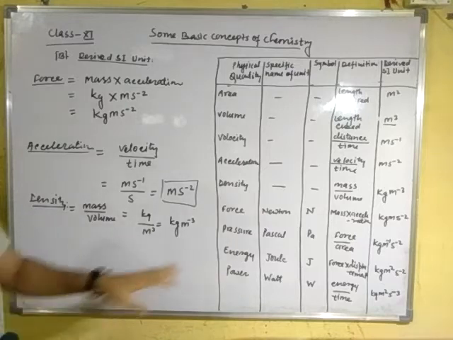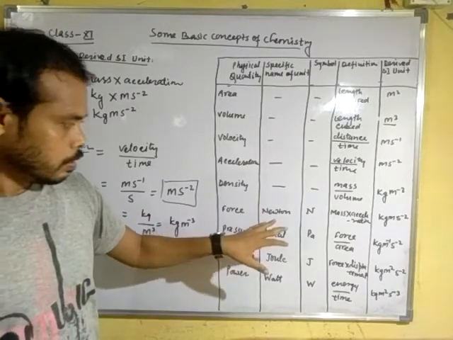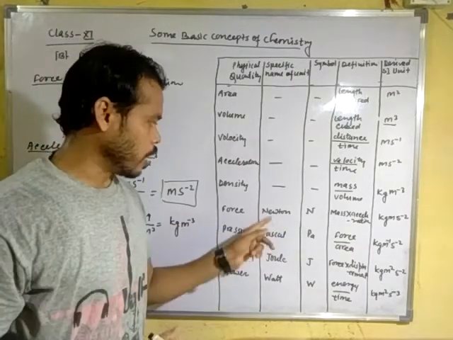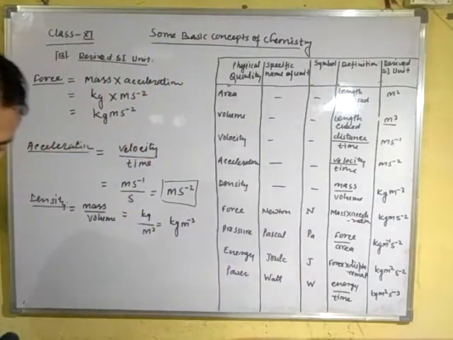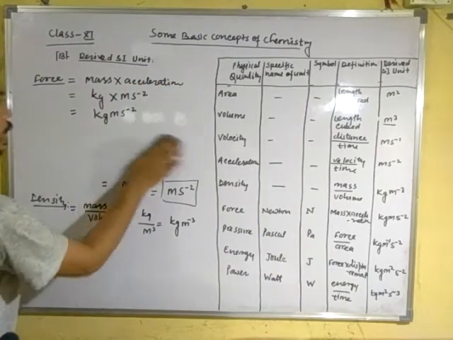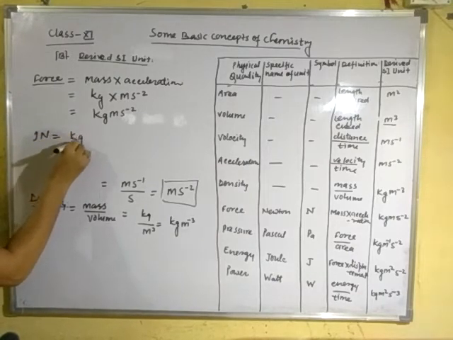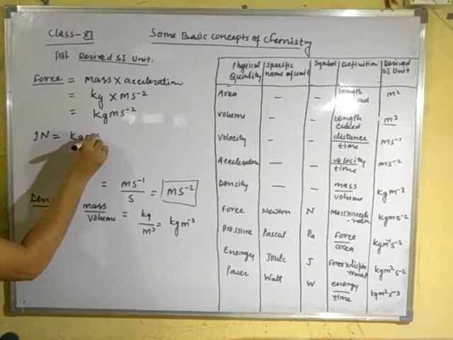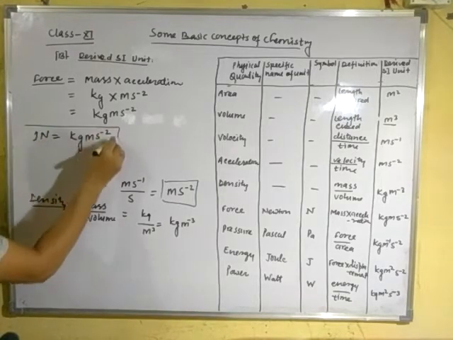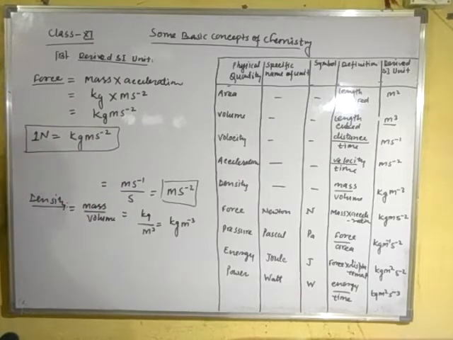And you can see here, force is also referred to as Newton. So the value of 1 Newton is equal to kilogram meter second power minus 2.